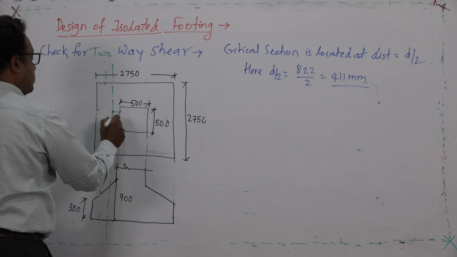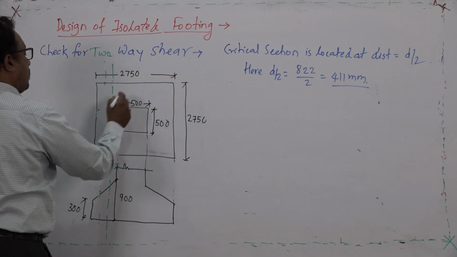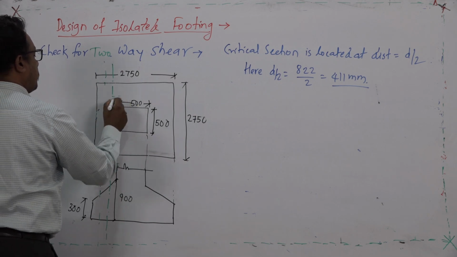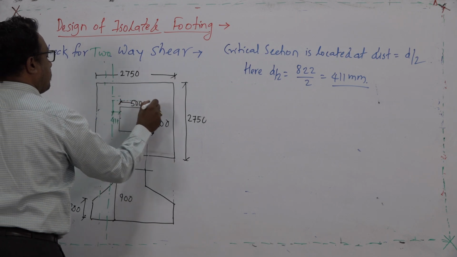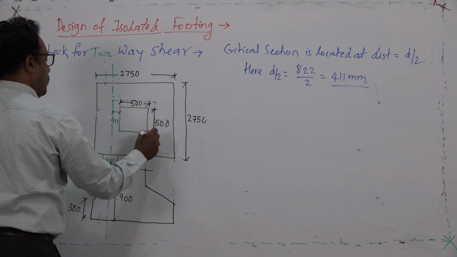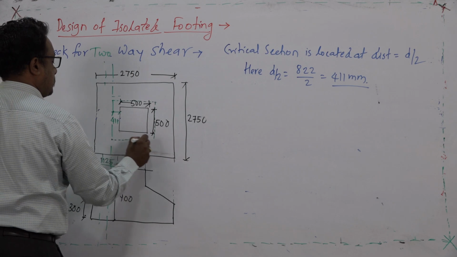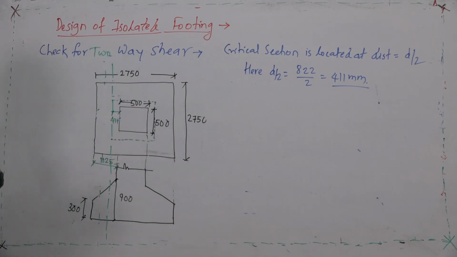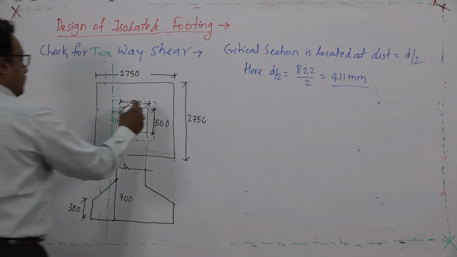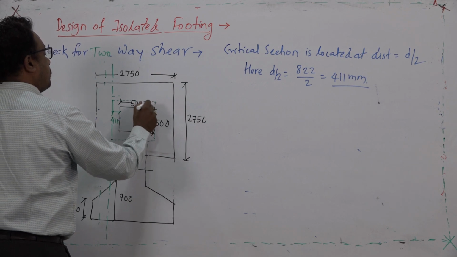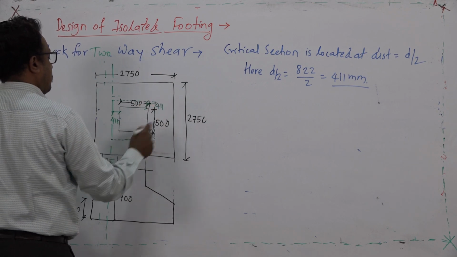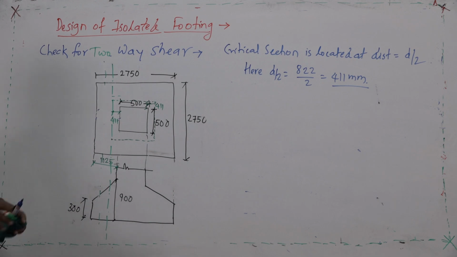This value is 411. This is the kind of perception one can have. In this two-way shear we are going to get the offset of 411 mm around the periphery of the column. That we are supposed to consider.